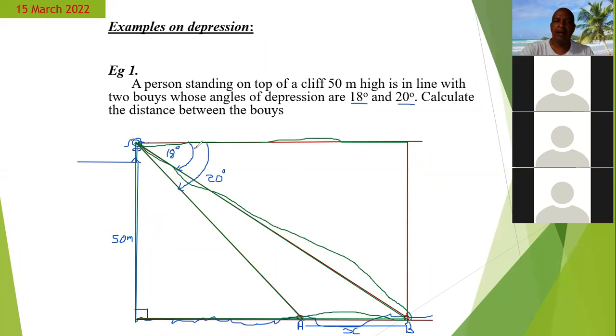And so the angle up here, which is the 18, would be the same as the angle down here, which is also 18 for that Z angle. So we see that this angle would form the Z angle for 18. So down here is angle 18.